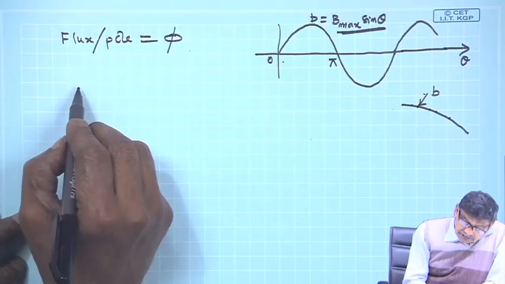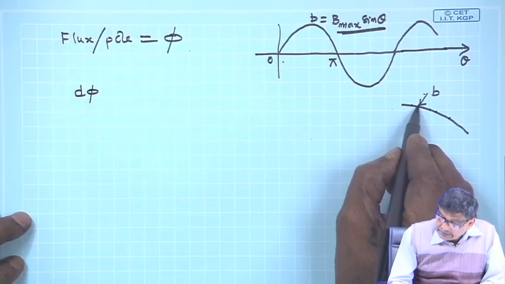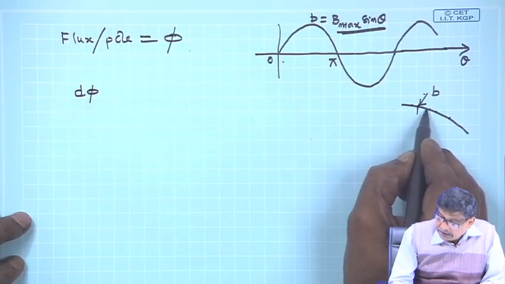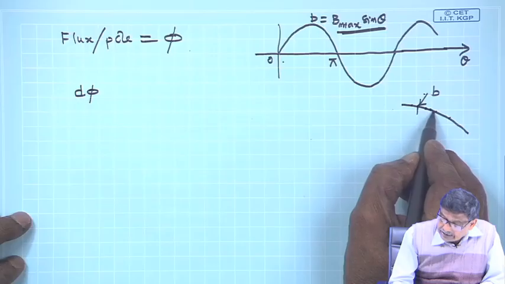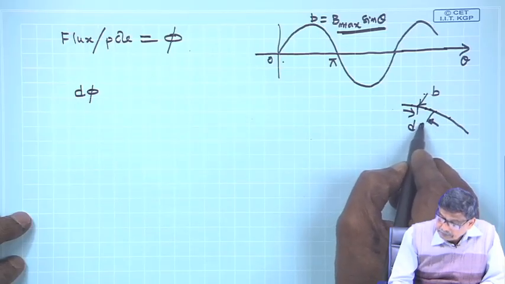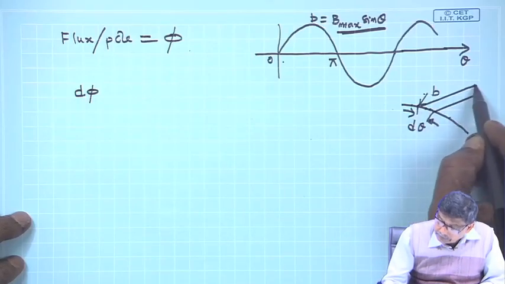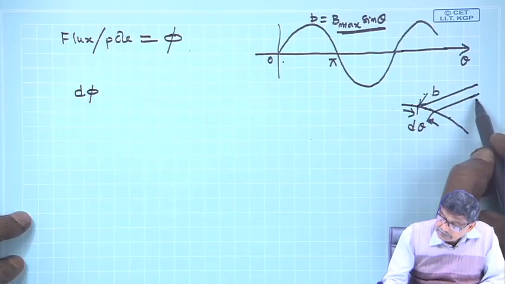So, we will first calculate d phi at a distance theta. I will consider an angle d theta, and this is the length of the machine, mind you, the active length.